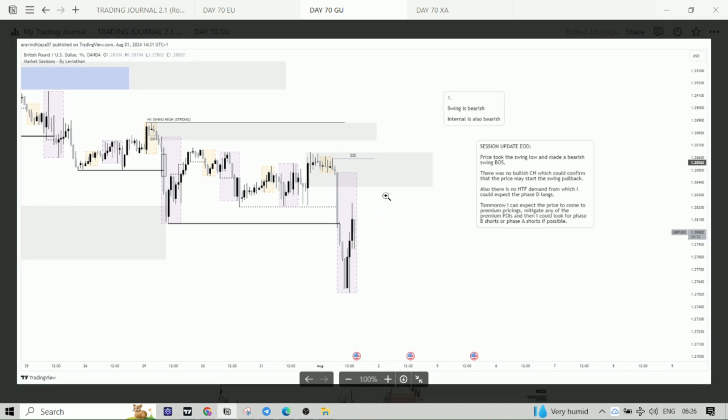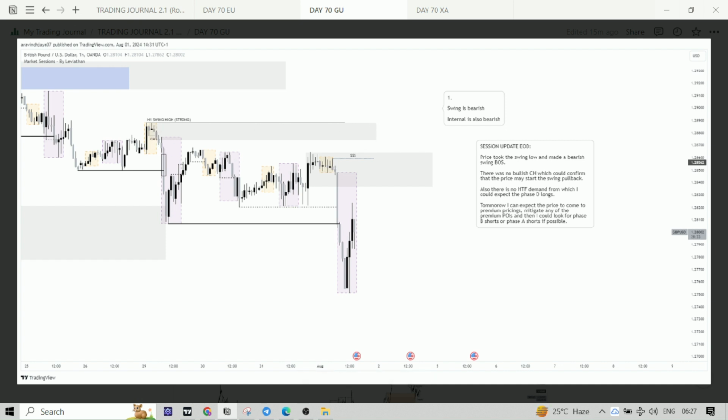So possibly what I can expect tomorrow is price can mitigate this 4-hour demand, the 4-hour supply. Even if that mitigates the 4-hour supply, I'll be waiting for the price to make a medium time frame bearish order flow shift. Then I'll be looking to trade from the freshly formed POI. But even after that, I know that there is a risk in this trade because there is a ton of buy side liquidity, and above these buy side liquidities, there is this 4-hour refined supply.